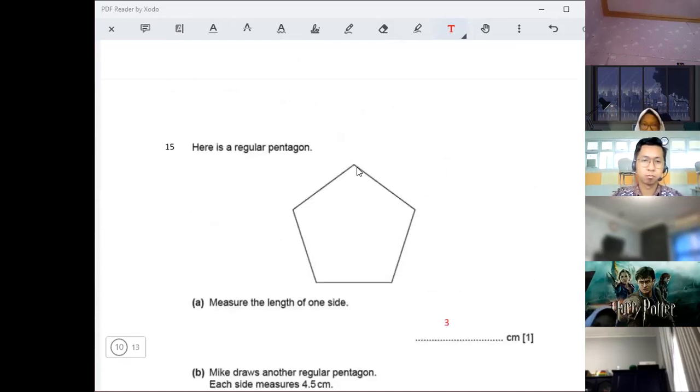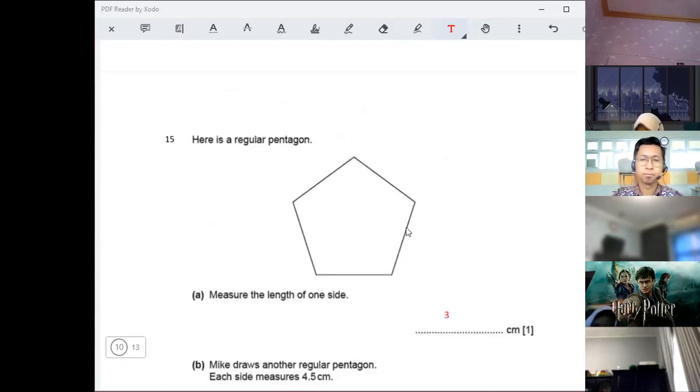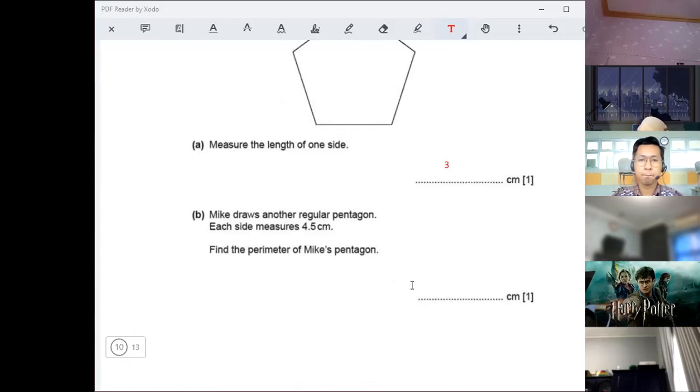The pentagon has 5 sides, so 5 times 4.5. It will be 22.5. Yeah, 22.5.